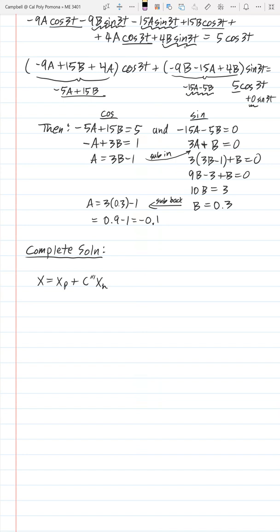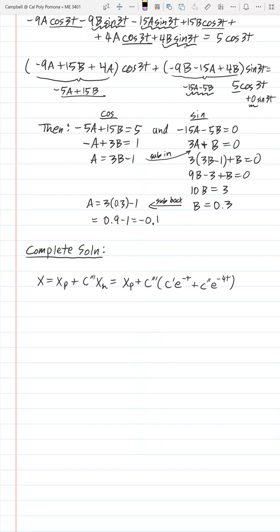So of course, that's okay, but that just sticks more with the flow of what we've been discussing, so I'm just going to keep running with it. So we get xp plus c triple prime times c prime e to the negative t plus c double prime e to the negative 4t.